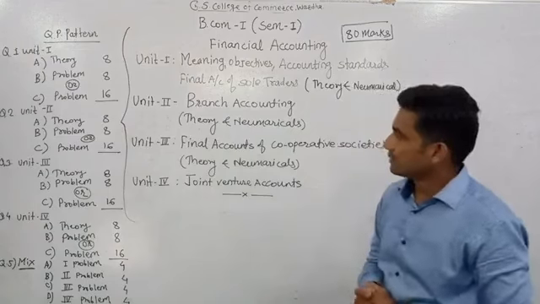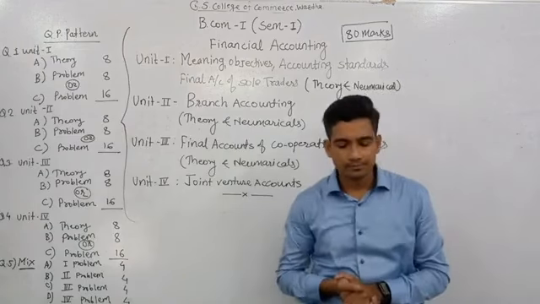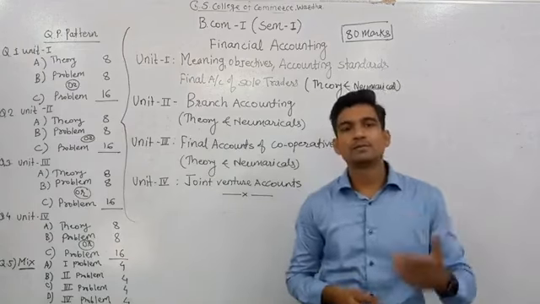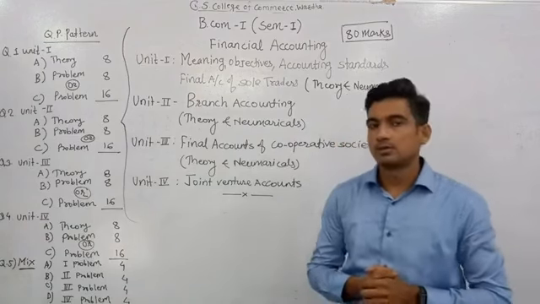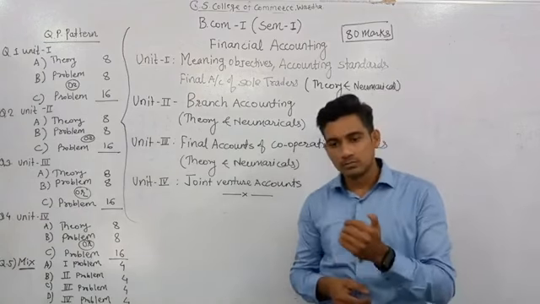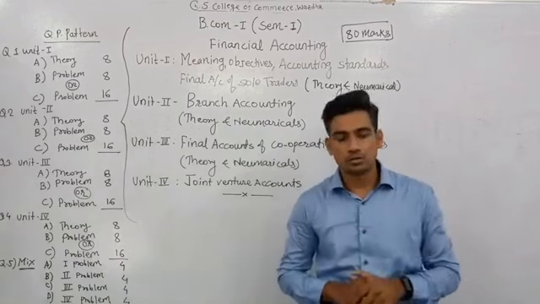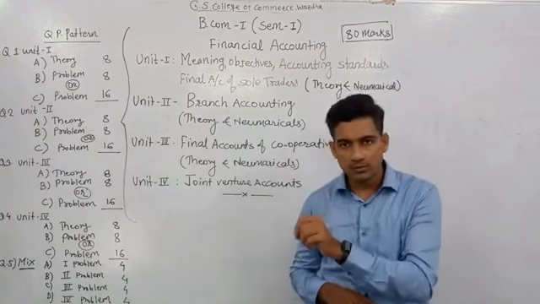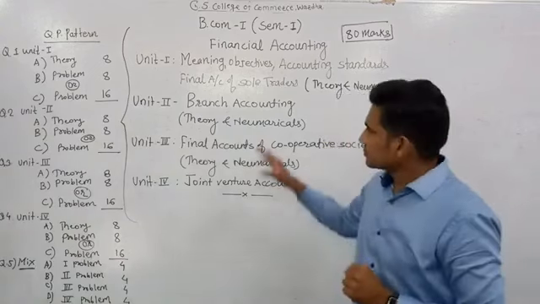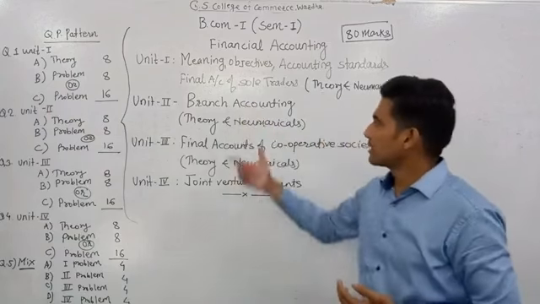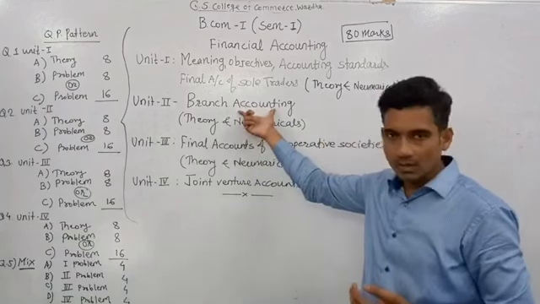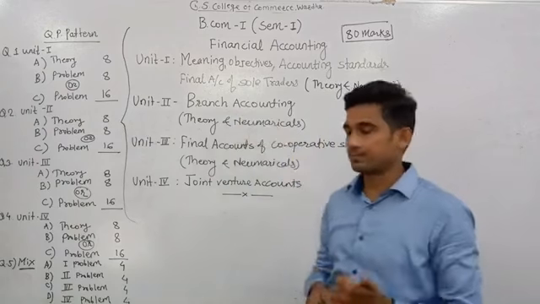Moving to the next unit is branch accounting. Previous year unit number 2 was hire purchase. From this academic year, means 2020 to 2021, hire purchase is being replaced by branch accounting, excluding foreign branch.